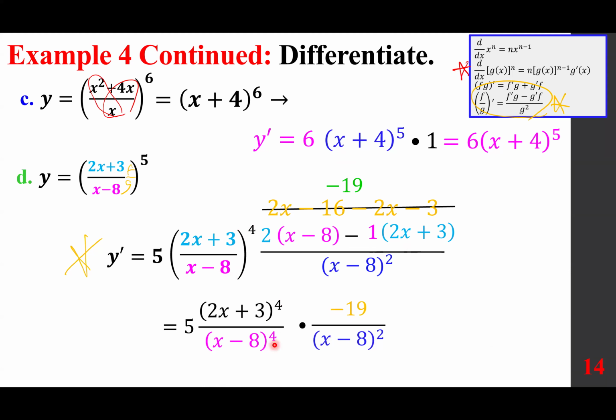The result is x minus 8 to the power of 4 plus 2, which is 6. And the top is this number, this function, and this. So the product of these two is negative 95. So finally, we get negative 95, 2x plus 3 to the power of 4, over x minus 8 to the power of 4 plus 2, or 6. And that's the final answer, everybody.